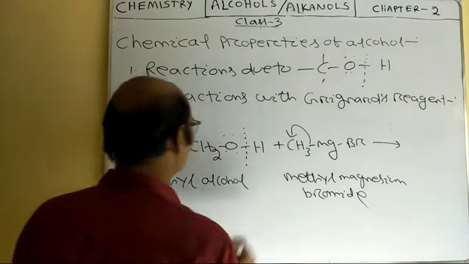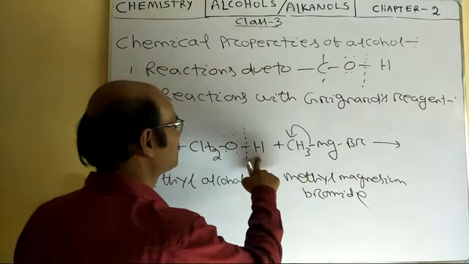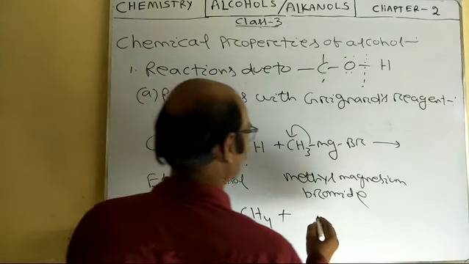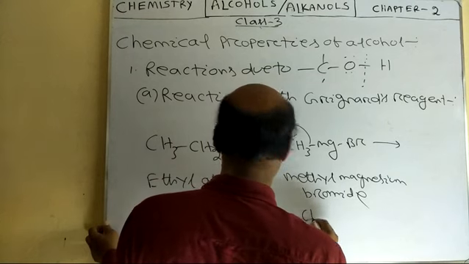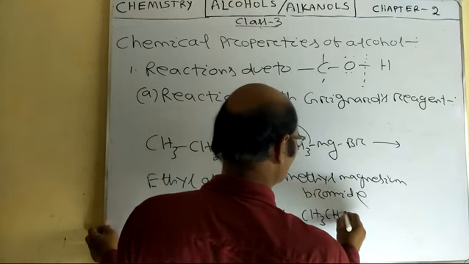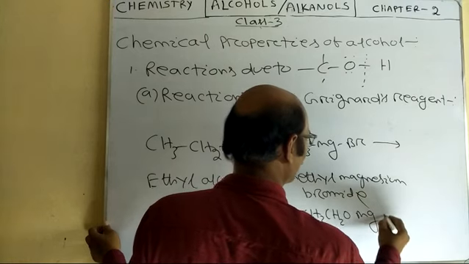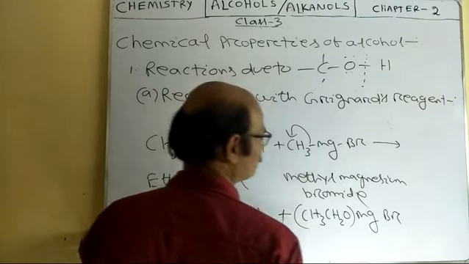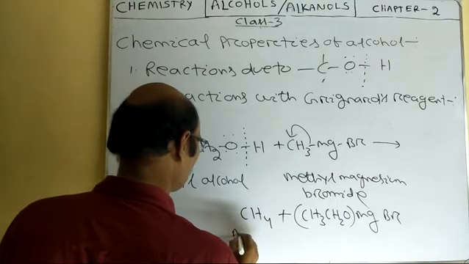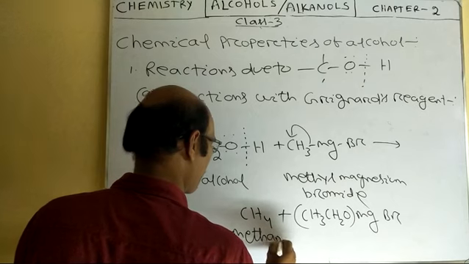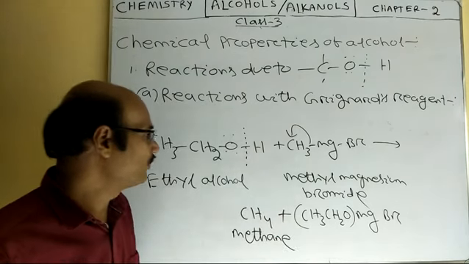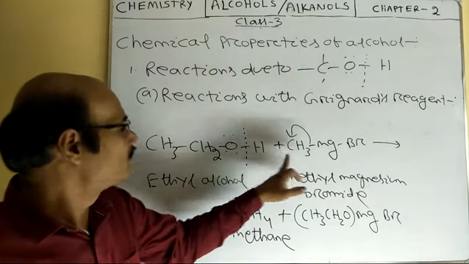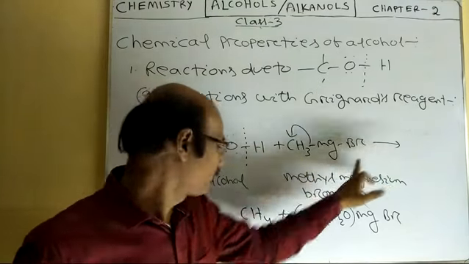So what we get here is CH3 minus becoming CH4, plus CH3CH2OMgBr. So what we are getting here, when ethyl alcohol reacts with methyl magnesium bromide, then methane is formed.